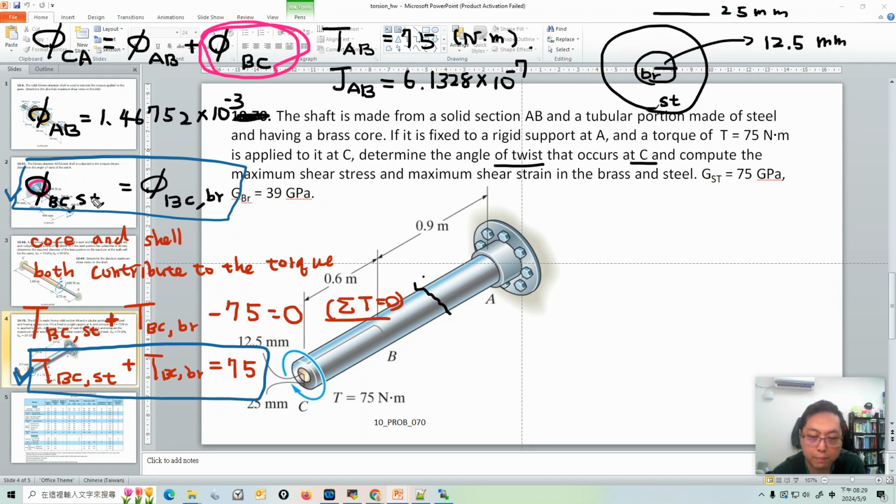Do you remember the formula for the angle of twist?